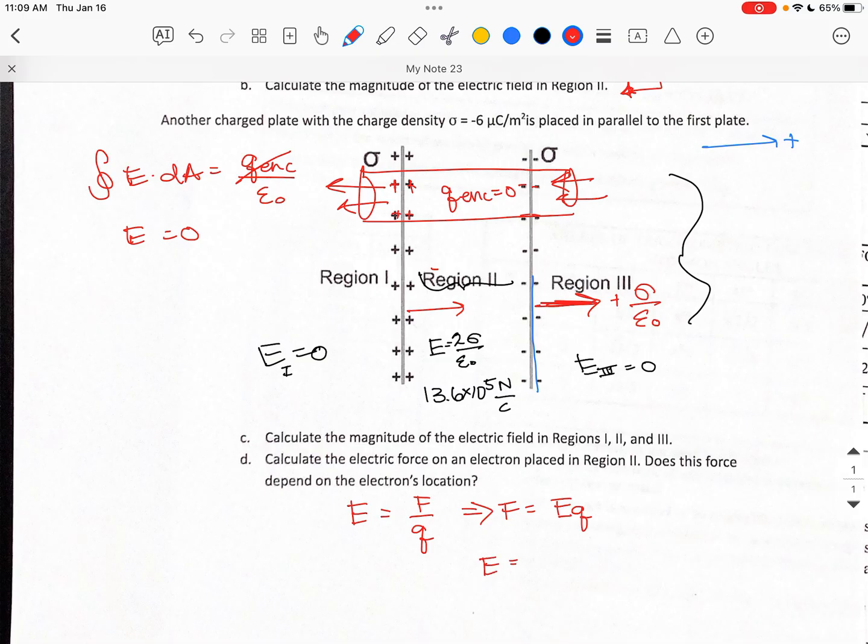So we've got 13.6 times 10 to the 5th. Look in your equation sheet for the elementary charge. Actually, I don't even have it off the top of my head. I believe it is 1.16, but let me look it up really quickly.